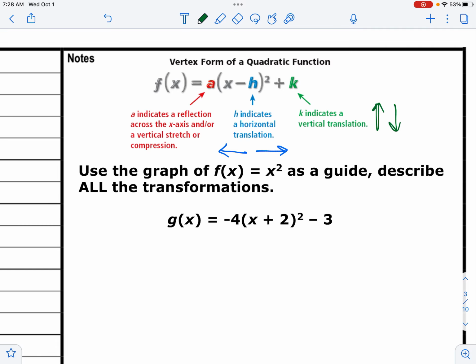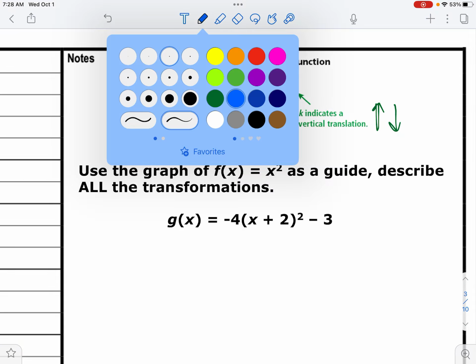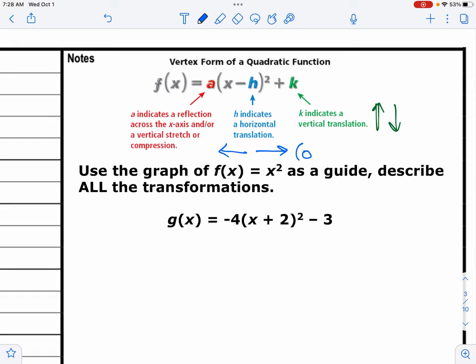Now, you'll notice here that there's a minus sign right here, and that is going to change things opposite of what you might think for horizontal translation. So in here, I'm just going to write opposite.